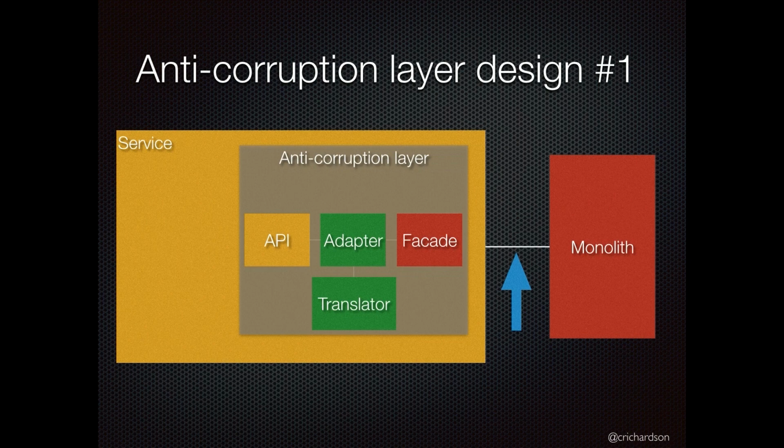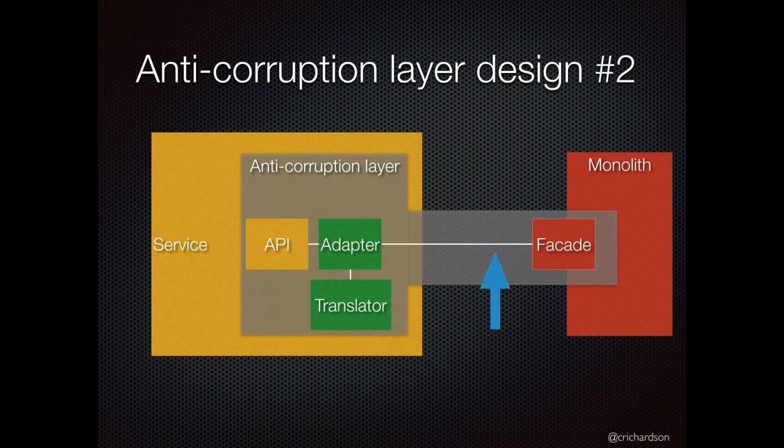You could think of using this when your monolith is code that you just cannot change in any way, where even though you're undergoing a refactoring effort, all of the work for refactoring has to be done outside of the monolith. The other strategy is to put the facade inside the monolith.